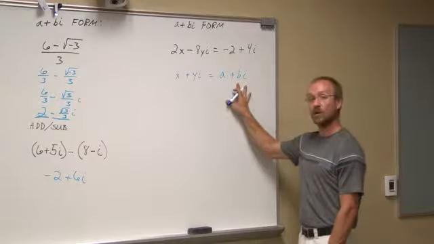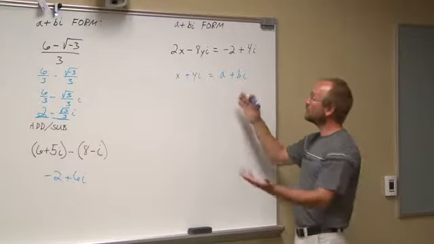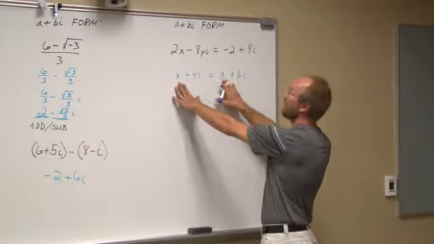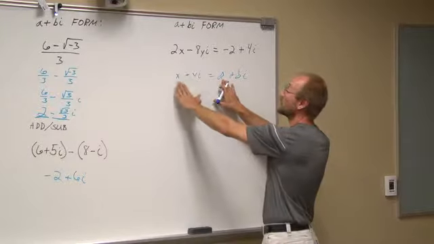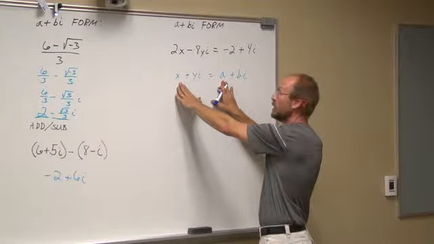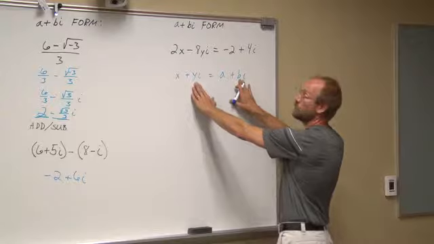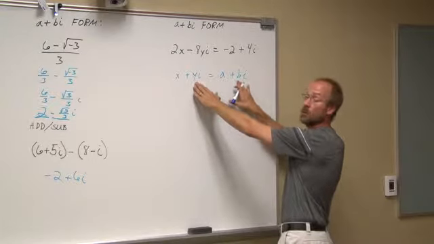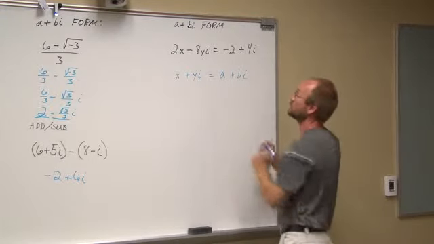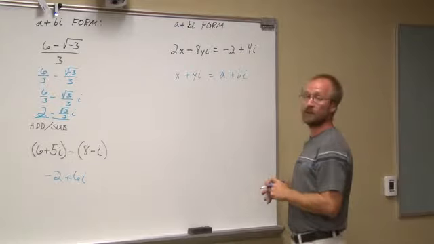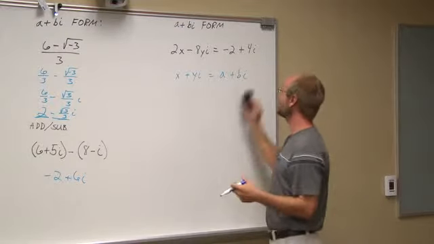This is my form that I want it in. Well, if we look at this, what is my x? Well, x is the same as a. This is the real part of the equation. And y equals b. This is the imaginary coefficient of the equation. So when we see these problems in our book, that's what it's asking us to do.